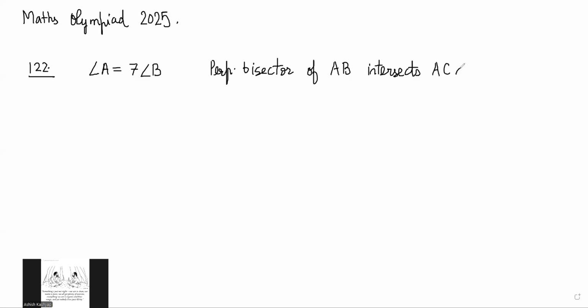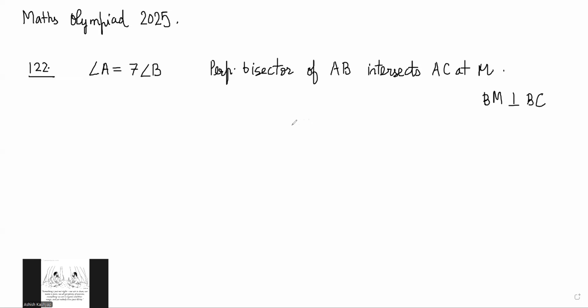Question 122, it says ABC is a triangle such that angle A is equal to 7 times angle B. Perpendicular bisector of AB intersects AC at point M. And you have BM is perpendicular to BC.